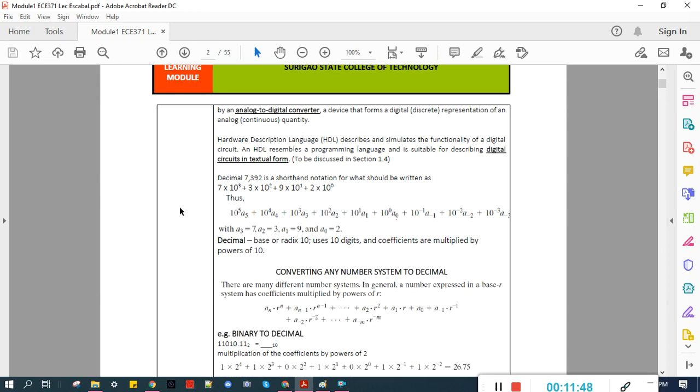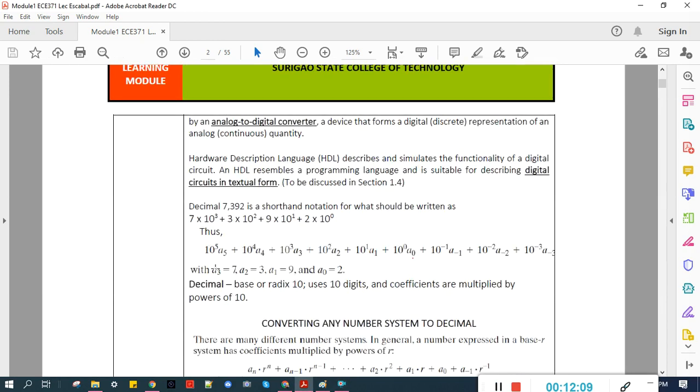Let's go to the number system. Decimal 7392 is a shorthand notation for what should be written as 7 times 10 to the power 3 for 7000, plus 3 times 10 to the power of 2 for the 300, plus 9 times 10 to the power 1 for 90, plus 2 times 10 to the 0, which is 2.